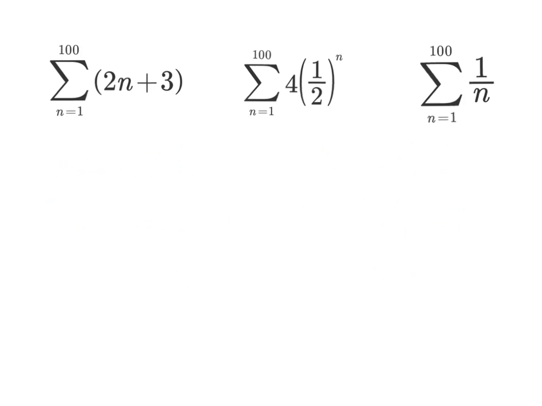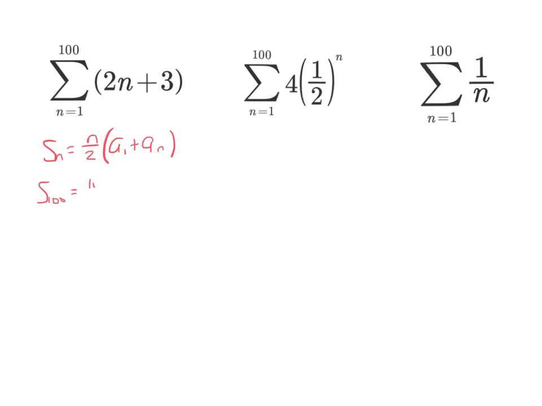You also want to be careful that you're using the correct formula for the correct series. So here are 3 examples where we would actually use 3 different methods. So this first summation here, notice that this is arithmetic, that it's linear. So we would want to use this formula.